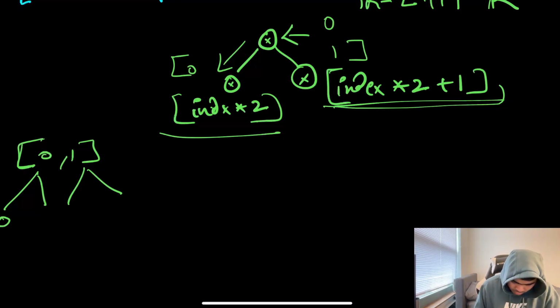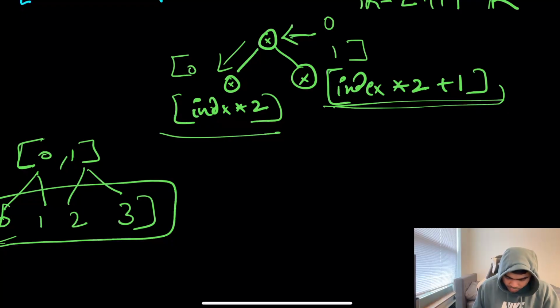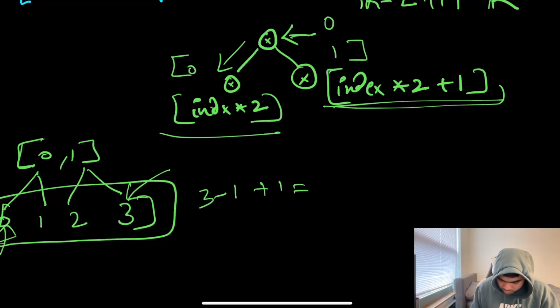So this will be 0, this will be 1, then 1 into 2, which will be 2, and this will be 1 into 2 plus 1, which is 3. So it doesn't really matter if we assign 0 or 1 here. On that particular level we will be calculating the difference. So it will be 3 minus 0 plus 1, so that would be 4.